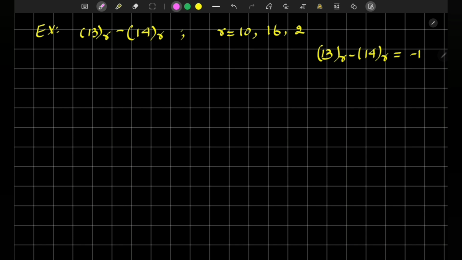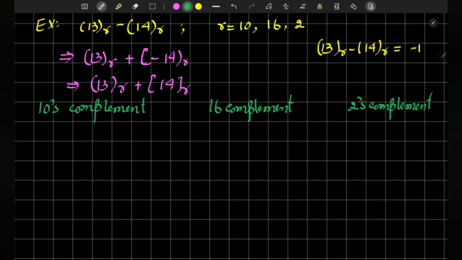Now in this problem we will use r's complement, that is this expression is equal to 13 base r plus minus 14 base r, which is equal to 13 base r plus the r's complement of 14 in base r. Now the 10's complement of 14 is equal to 86. Similarly, the 16's complement of 14 is equal to EC.